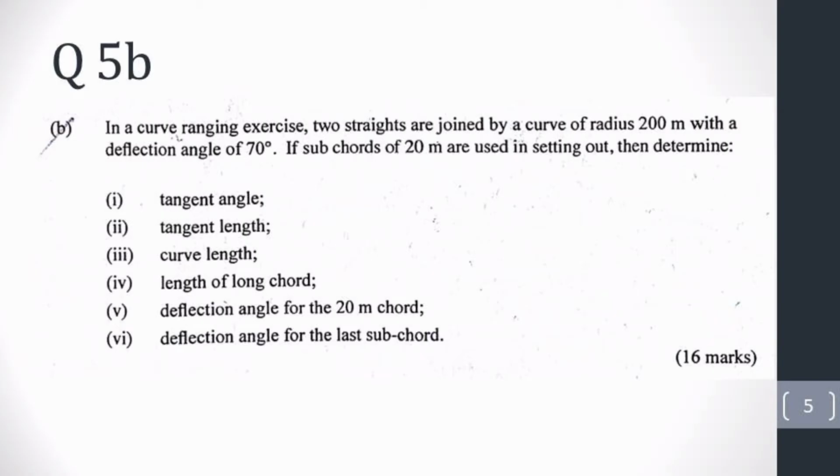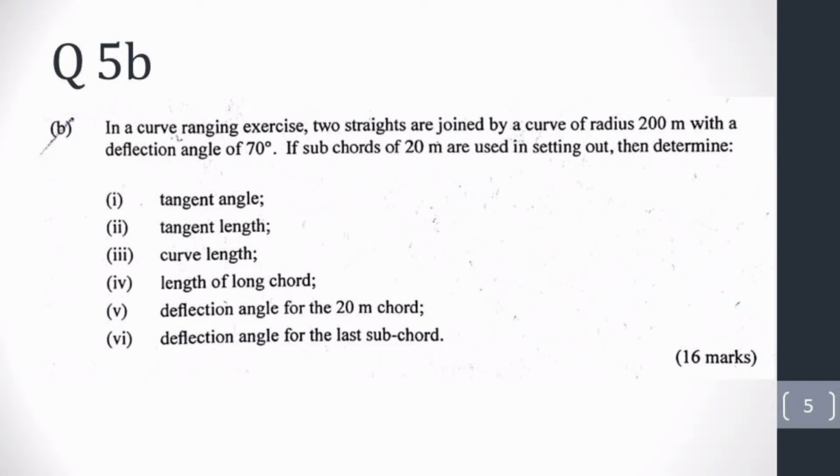If subchords of 20 meters are used in setting out, determine the tangent angle, the tangent length, curve length, length of the long chord, deflection angle for the 20 meter chord, and then the deflection angle for the last subchord. A total of 16 marks.